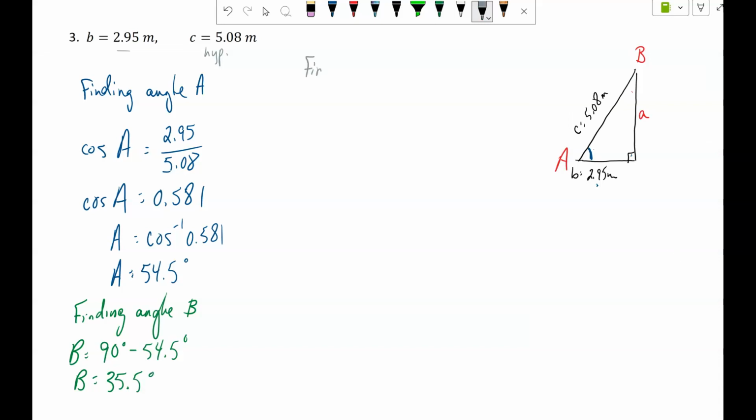All right, finding side A. Well, A is one of the shorter sides. We have the hypotenuse and the other shorter side. So we've seen the relationship that A is equal to the square root of the hypotenuse squared minus the other shorter side squared. Remember that minus has to be in there, okay? So A is equal to the square root of 5.08 squared minus 2.95 squared.